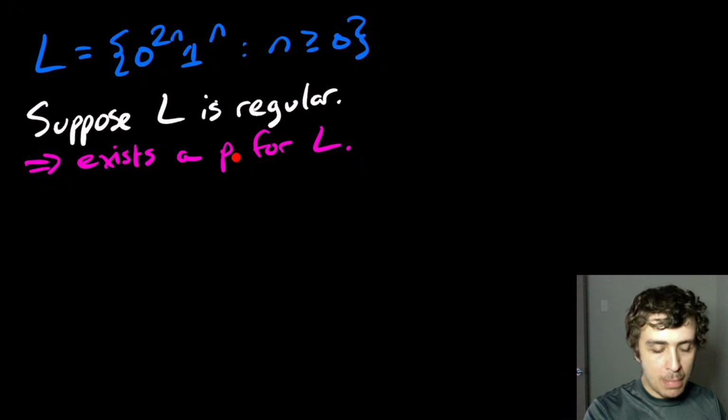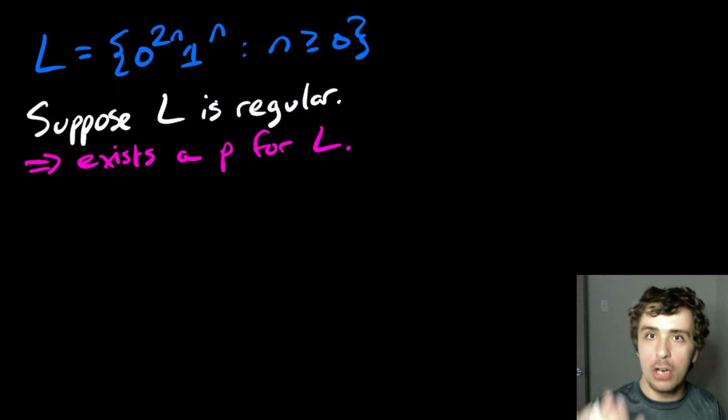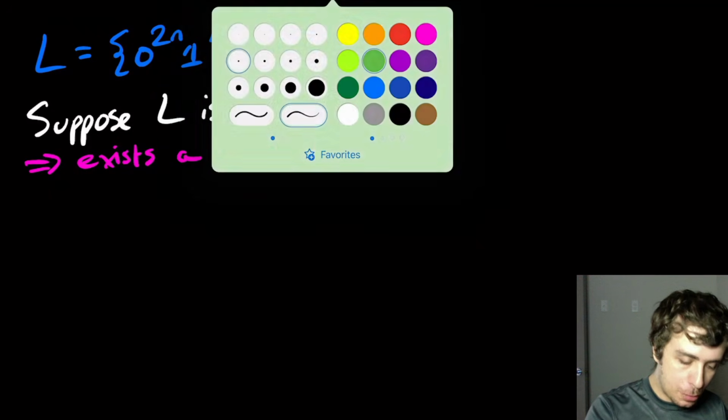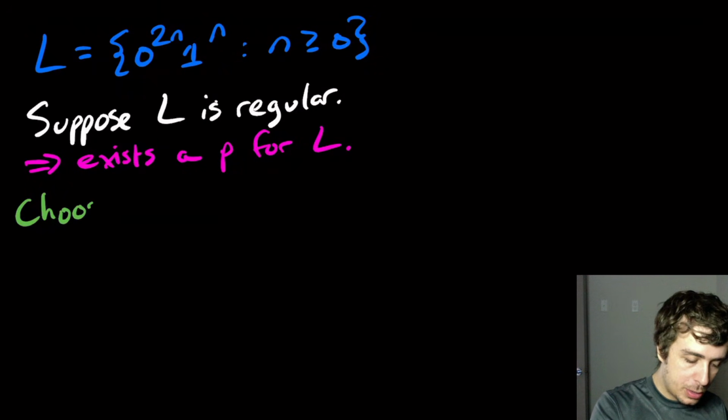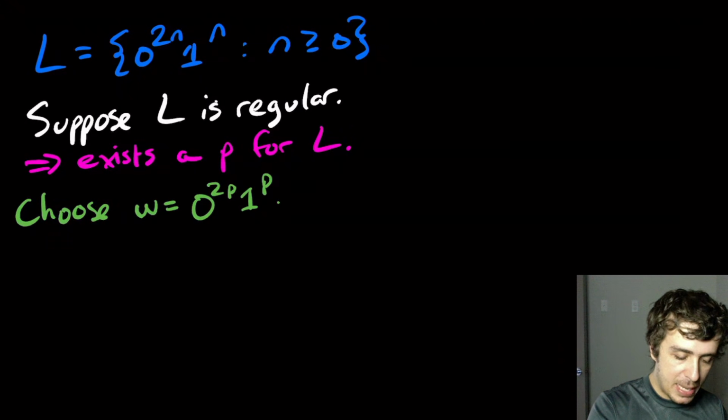The common technique whenever you have n's and exponents is to put the p where the n is. It doesn't always work, but it is generally a good idea. So let's choose the string w equal to 0^(2p) 1^p.